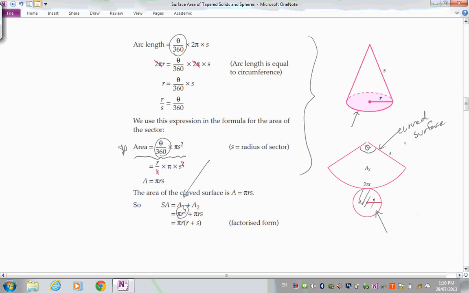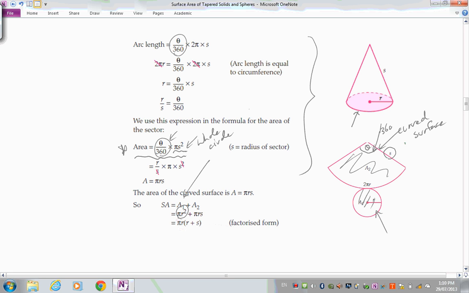You've got theta over 360 of pi s squared. Okay, what does that mean? Well, you've got theta out of 360 worth of the whole circle. Now, if you have a radius here of s, the area of a circle with radius s would be pi s squared. And you've got theta over 360 of the whole circle.